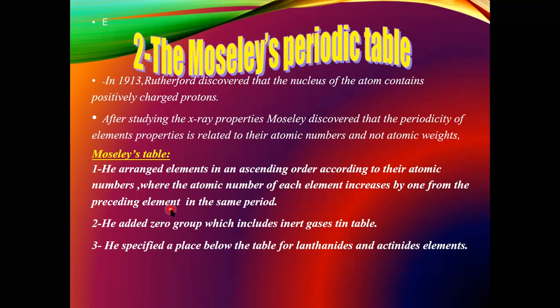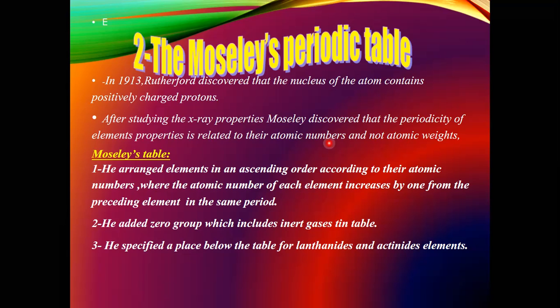And they put them in the same period. يعني the difference between the Mendeleev periodic table and Moseley's periodic table is that the first one arranged the elements in an ascending order according to the atomic weight from left to right in the same period. هنا Moseley arranged the elements according to their atomic numbers from left to right in the same period.